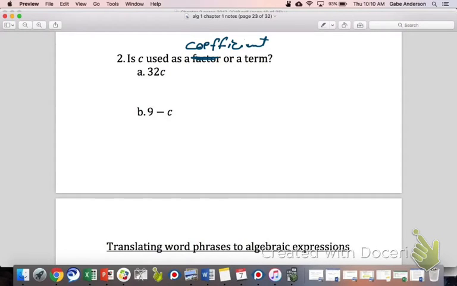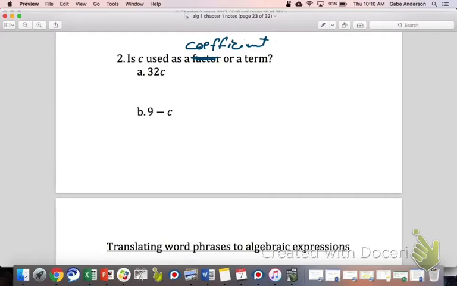All right. What do you think about A? Is C a coefficient or is C a term? It's a coefficient, or you could call it a factor.